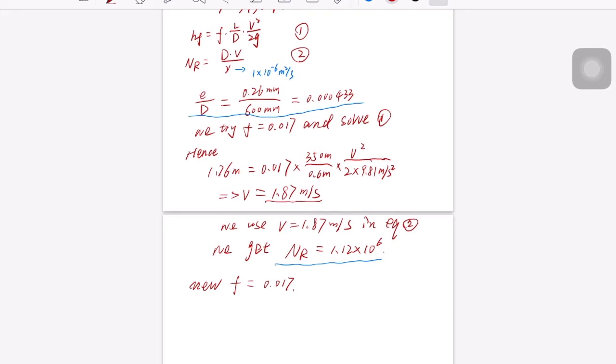So the discharge is calculated as Q equals A times V equals pi divided by 4 times 0.6 meter squared times 1.87. So the discharge is 0.529 cubic meter per second.